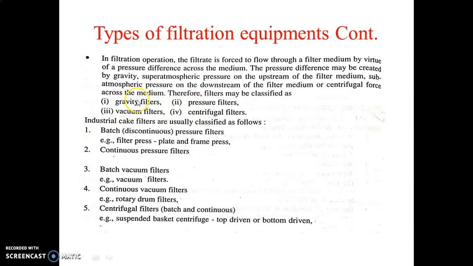If we use gravity, they are gravity filters. Then pressure filters, where you use pressure. Then vacuum filters, where you apply vacuum. And centrifugal filters, where you apply centrifugal force.